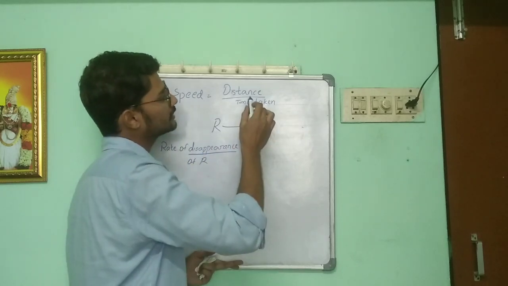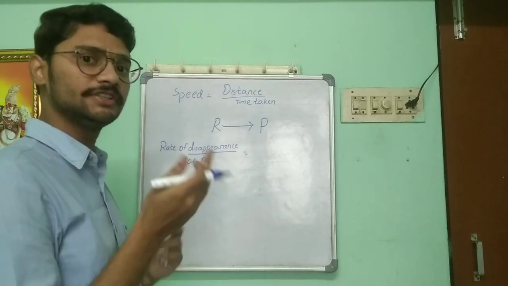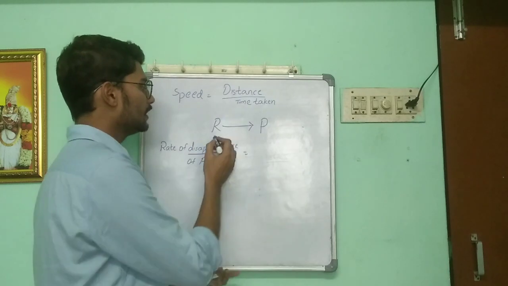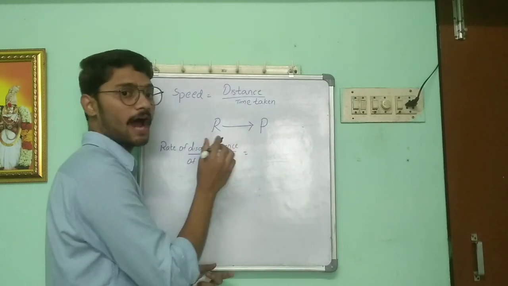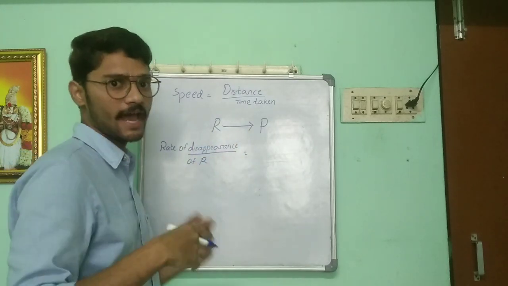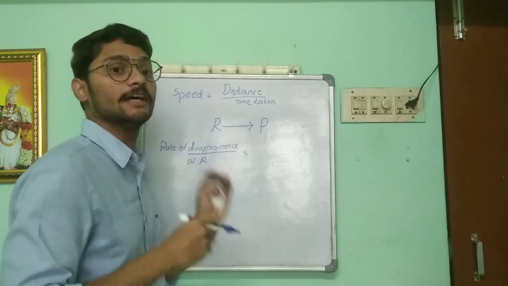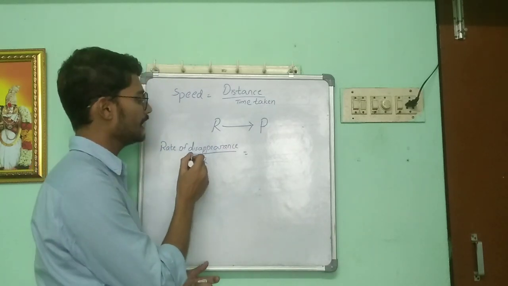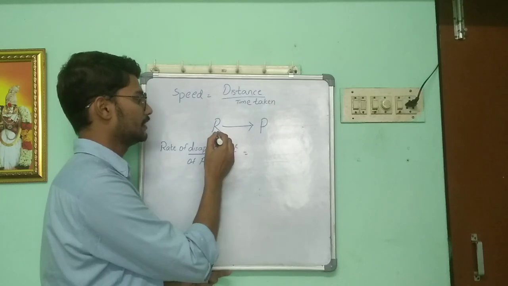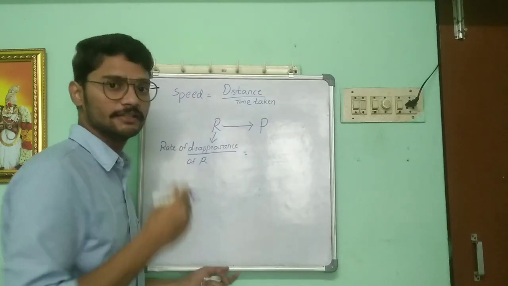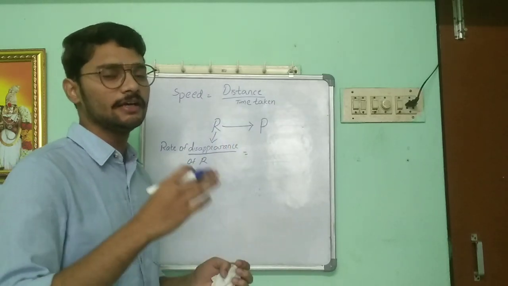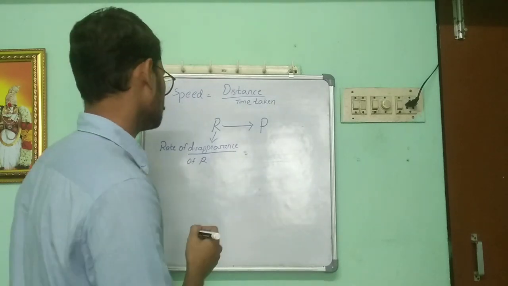Now we have to understand how to substitute distance. So here let us say we have 1 mole and right after the reaction starts, R gets consumed, so we write it as rate of disappearance. R gets consumed, so it disappears eventually after some time.